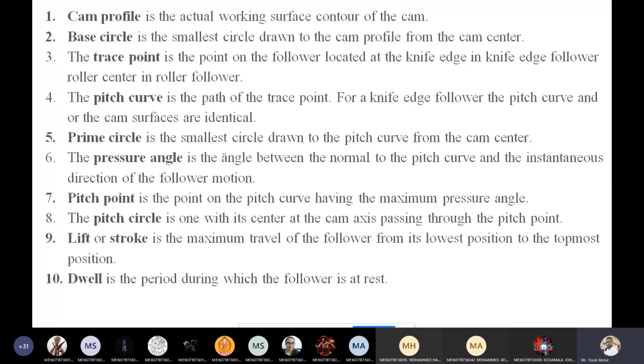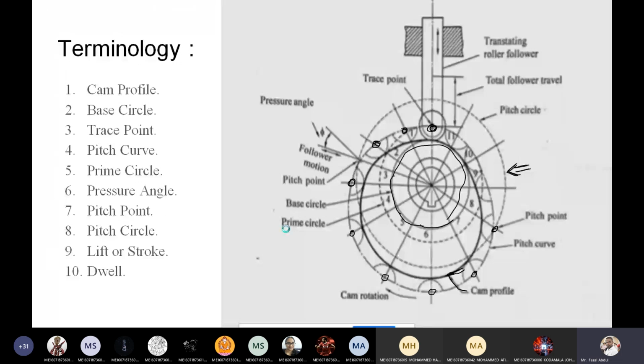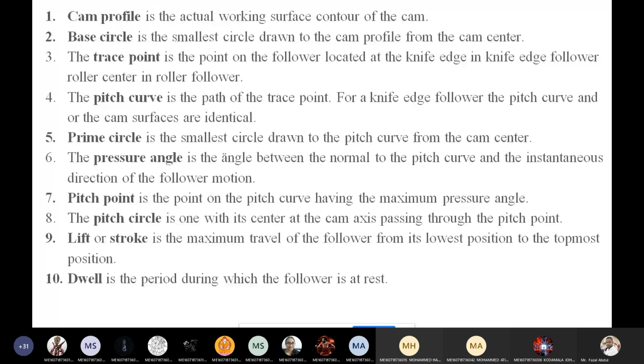The next one is the pitch curve. Pitch curve is the path of the trace point. See here, whatever path I have drawn by free hand, if I join all the trace points, that is known as a pitch curve.